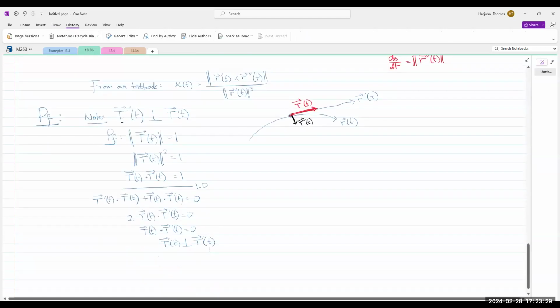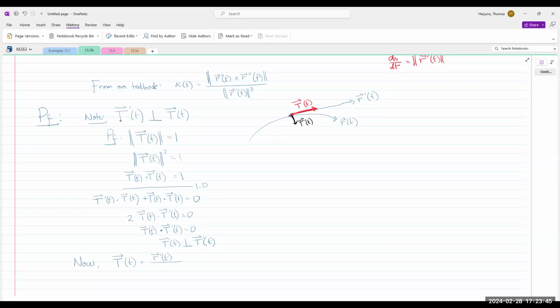Now, next, we know that the unit tangent vector at the same time is equal to r prime t divided by the magnitude of r prime t. Okay, which we define as, let's call it this way then.